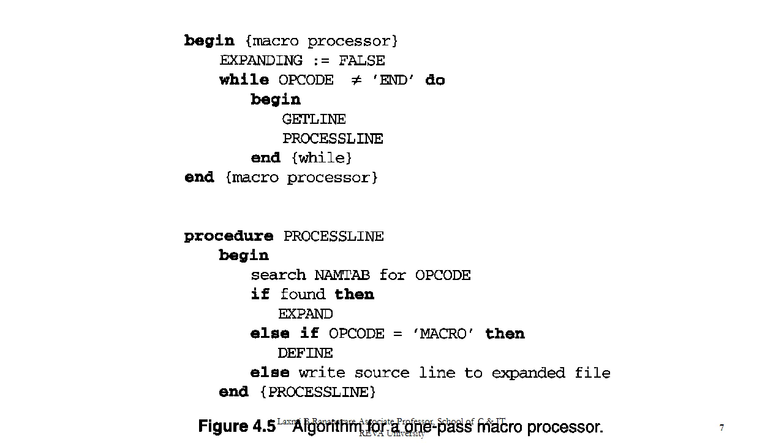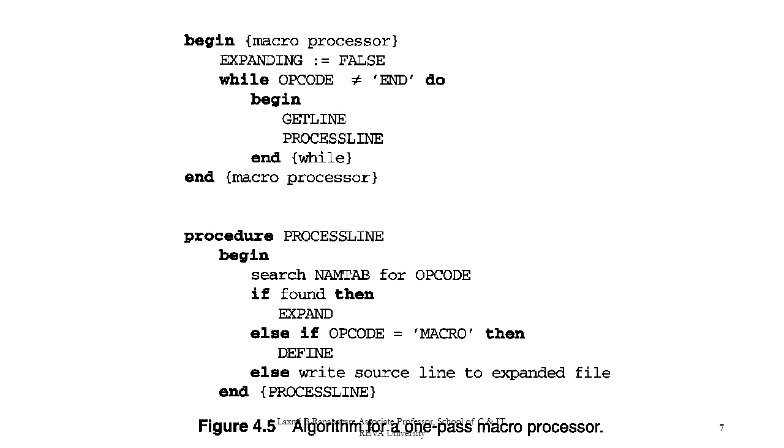macroprocessor algorithm, first we are going to have expanding is assigned to false. That means we have started, and initially we are going to put a value false into expanding. That means initially we are going to process line by line, each line in the source program, and we are going to write in the expanded code.